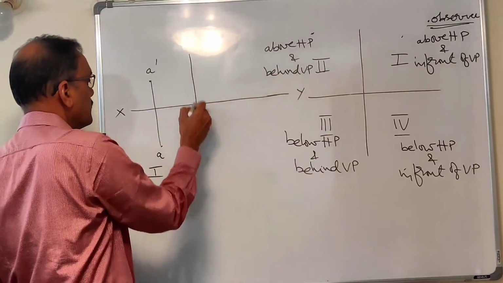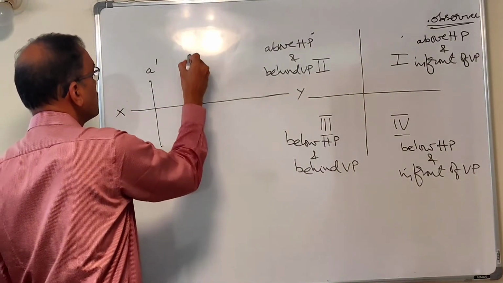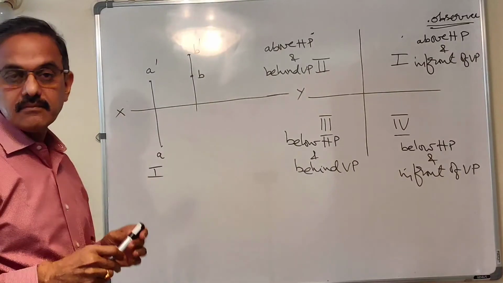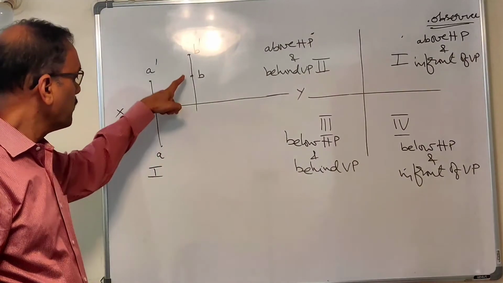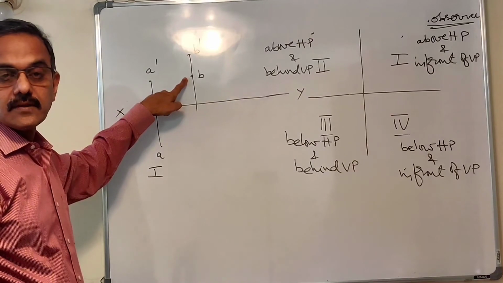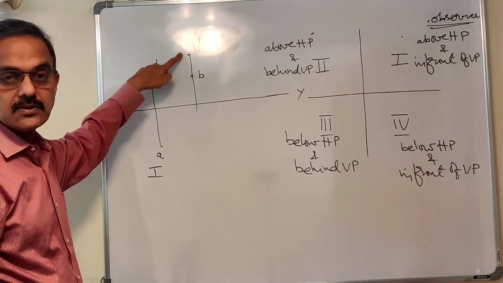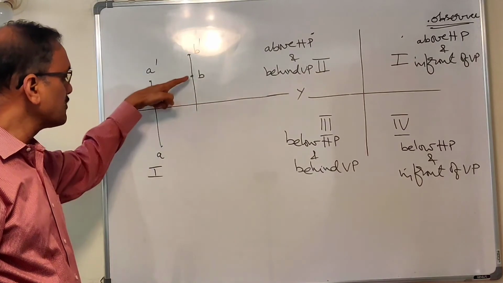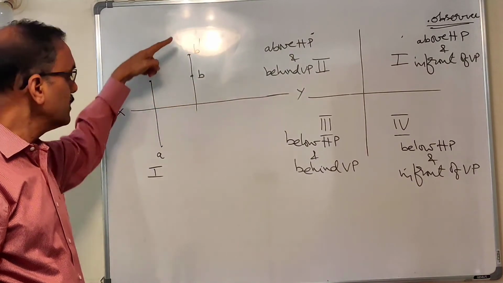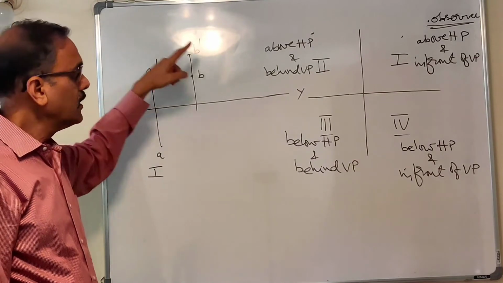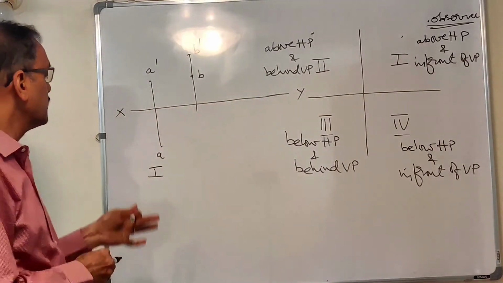If you have a point like this, which quadrant is this? Point B: it is behind VP and above HP. Is it not? The top view is above the XY line, so it is behind VP. The front view is above the XY line, so it is above HP. Behind VP and above HP is the second quadrant.